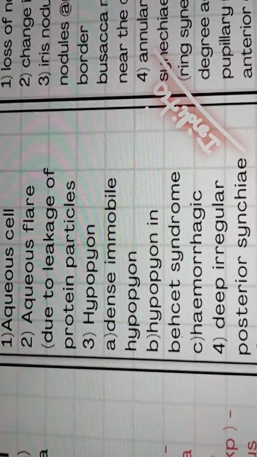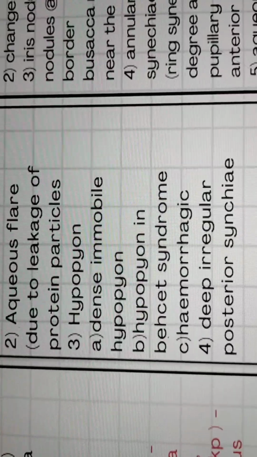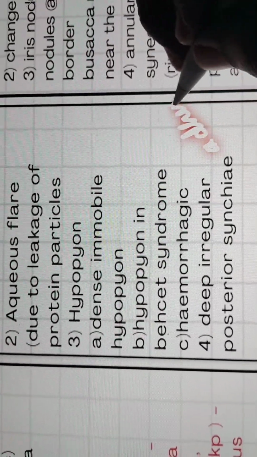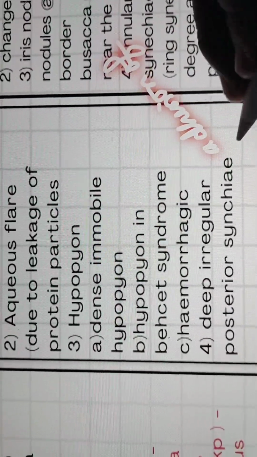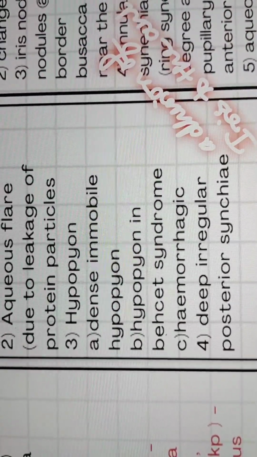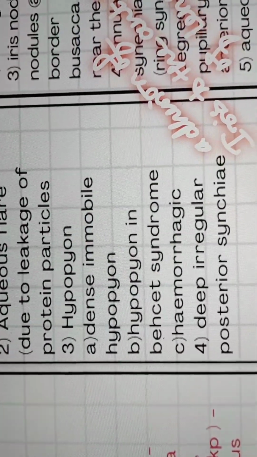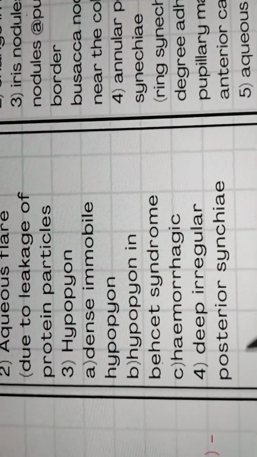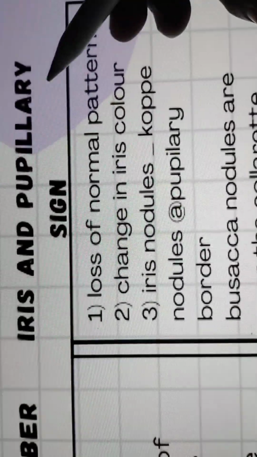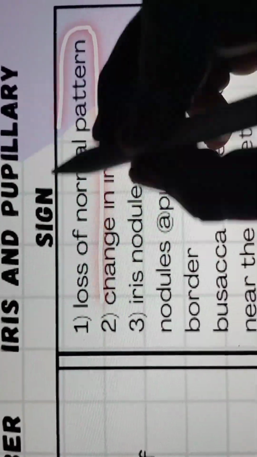At last, we will be seeing the deep irregular posterior synechiae. What is posterior synechiae? That is your adhesion of the iris to the anterior part of the lens. So that is known as your posterior synechiae. Now we will be seeing about iris and pupillary signs. That is your loss of normal pattern will be seen in the iris.